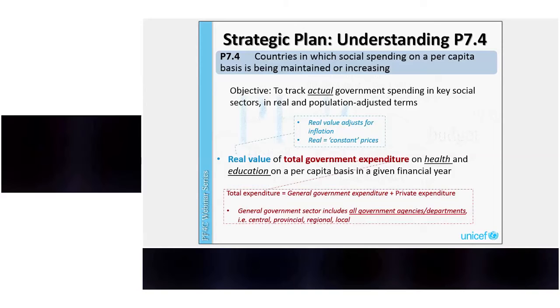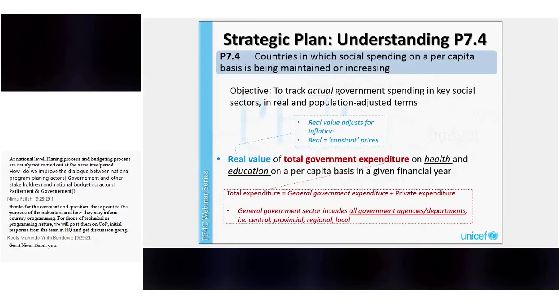Now, the real value of total government expenditure, it says total there, but to make it easier, we're looking at government expenditure on health and education. And so if you see the red box with the formula, it says total expenditure is general government plus private expenditure. So we're capturing that general government.